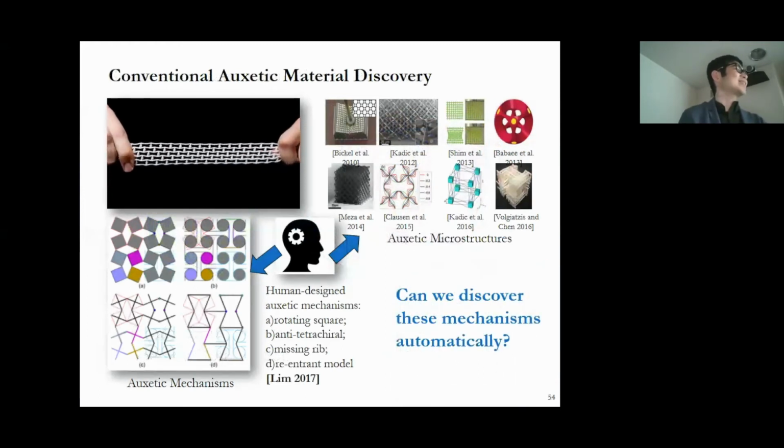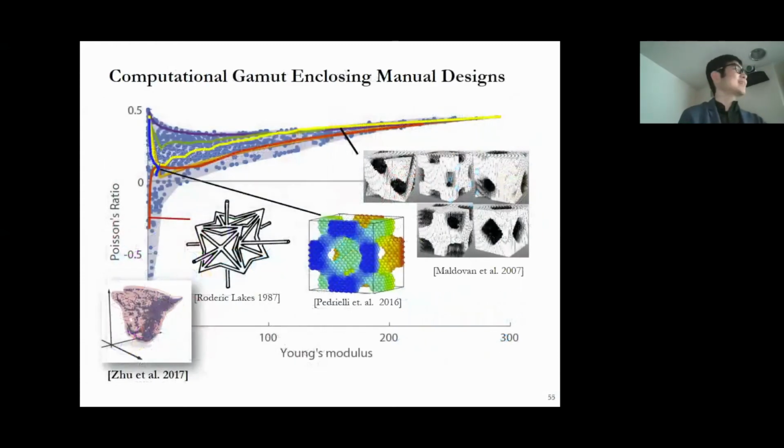And our goal is to let the computer do this, to automatically discover mechanisms that can deliver auxetic or negative Poisson ratio properties. Our discovery was, when we created the boundary point set for our previous project, we found that this point set is big enough to cover most of the human-designed auxetic structures.